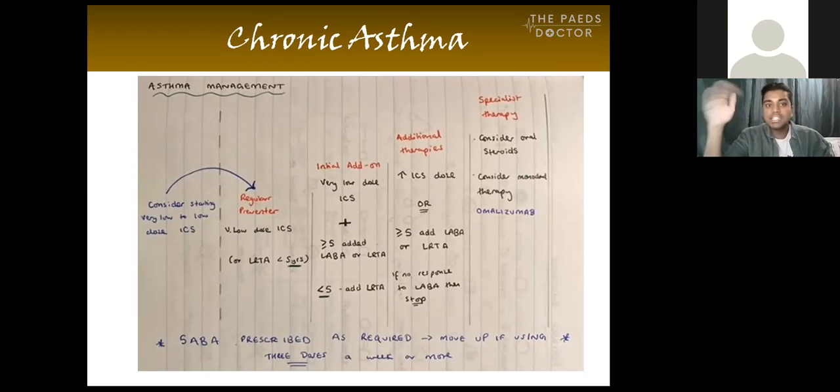You usually start with a SABA, a short-acting beta agonist, which is salbutamol. Salbutamol is the bronchodilator. You can also give a very low dose of inhaled corticosteroids, ICS, to reduce the inflammation. But the main thing to note here is that if the child is less than 5, we start with a leukotriene receptor antagonist. Anyone know any examples of a leukotriene antagonist?